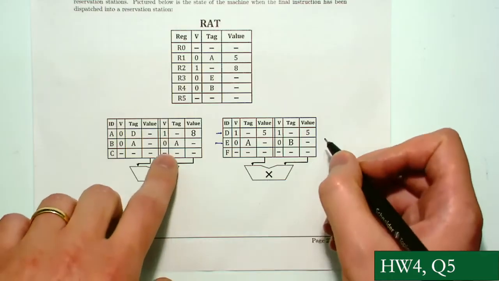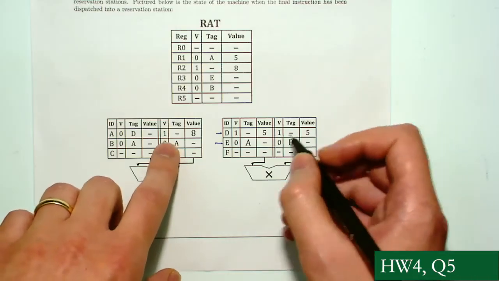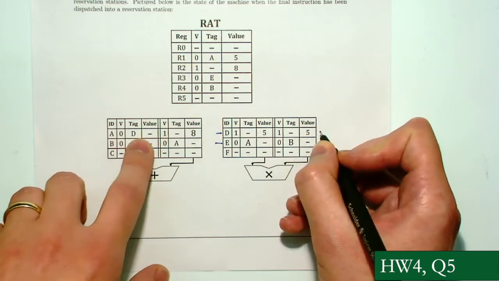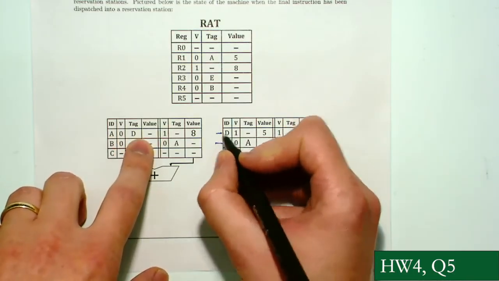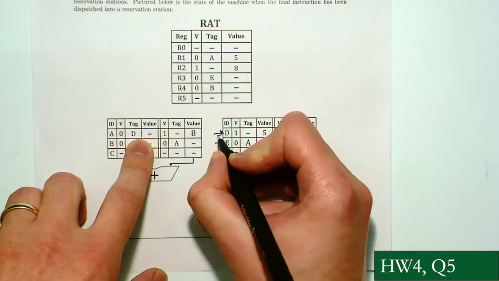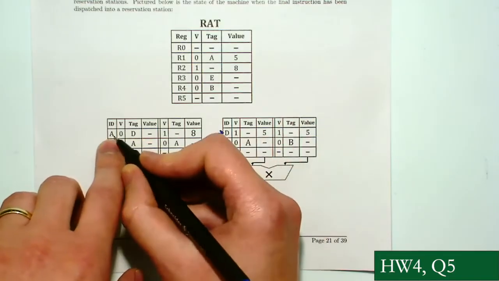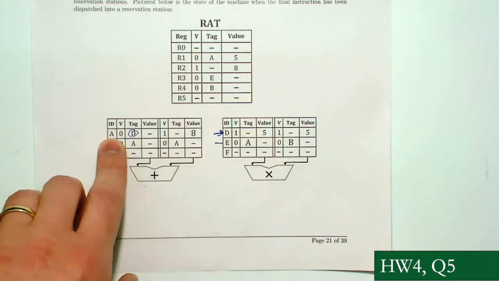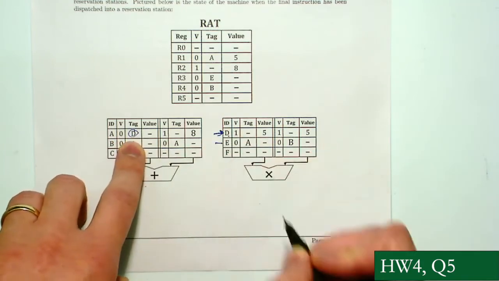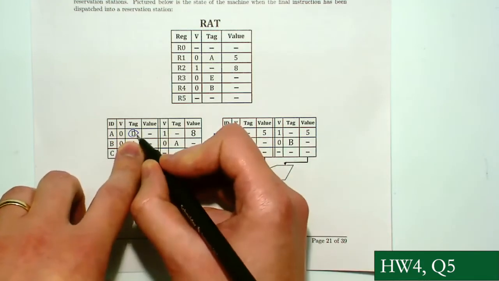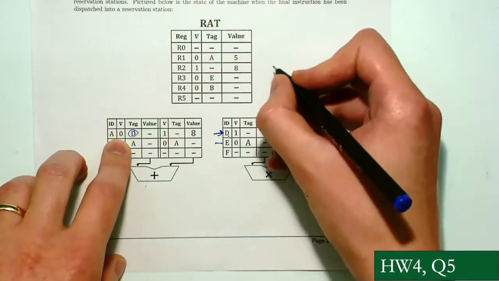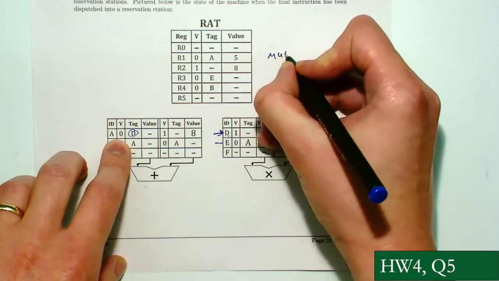We have to start by looking at the first entries in the 2 reservation stations. We can easily tell that this multiplication comes first before this instruction, because this is dependent on the multiplication. The D tag is here as a source operand to this addition instruction.